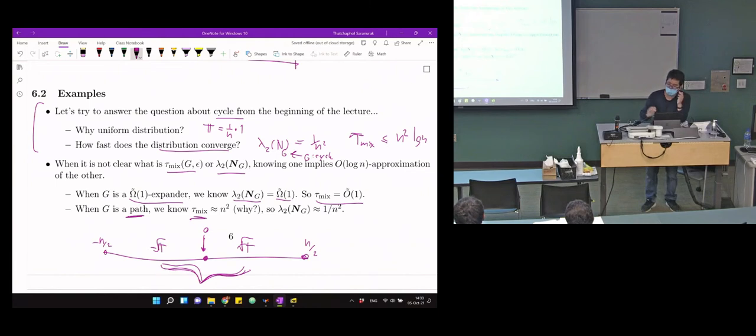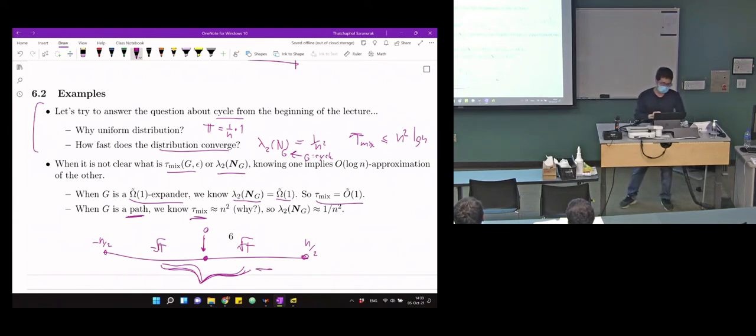You will not ever go beyond that, between minus root t and root t.